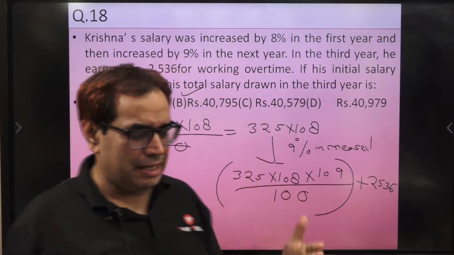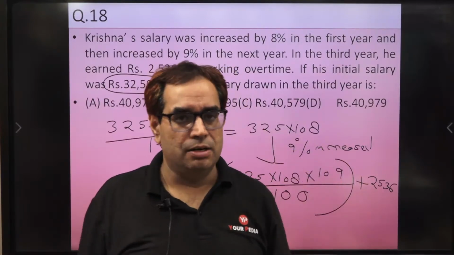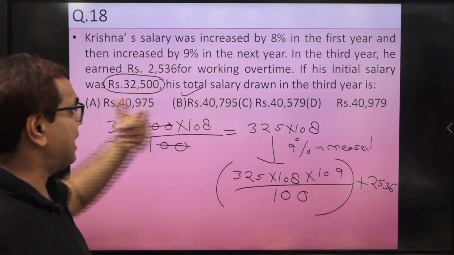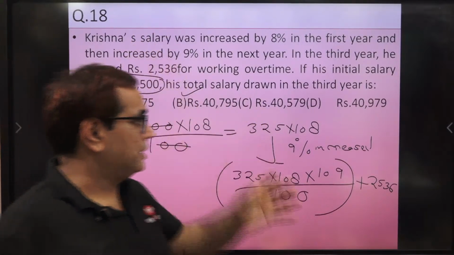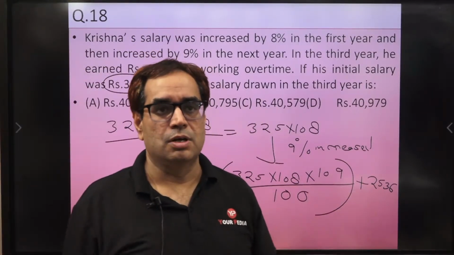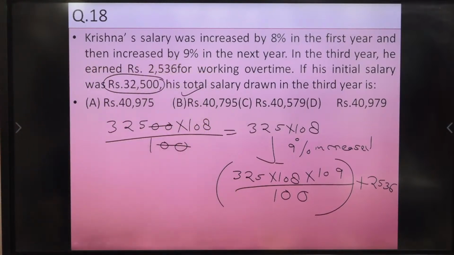So 8 plus 9 plus 8 into 9 upon 100. So that percent is the equivalent percent. So you can increase this quantity by that percent also, and then you can add the overtime. So you will get the final salary in that case also. By using any method you can solve. Okay. So now come to the next problem.